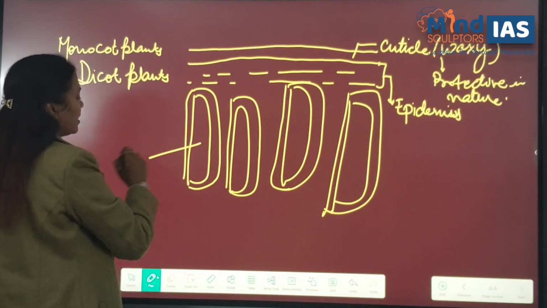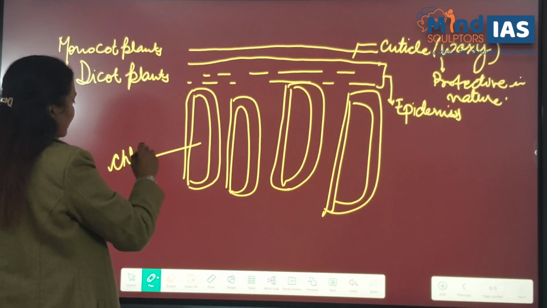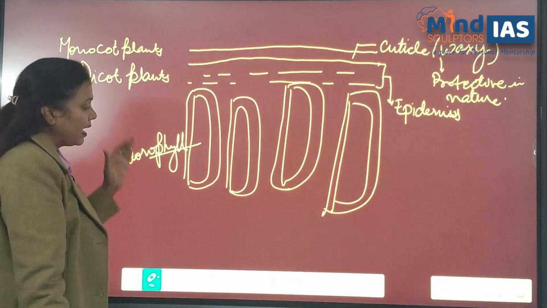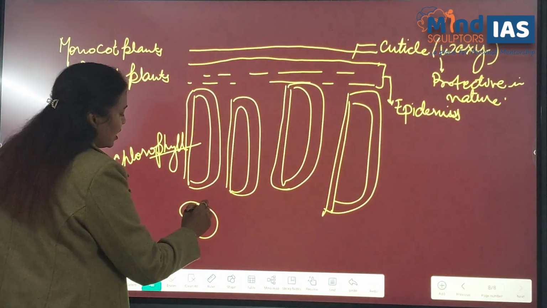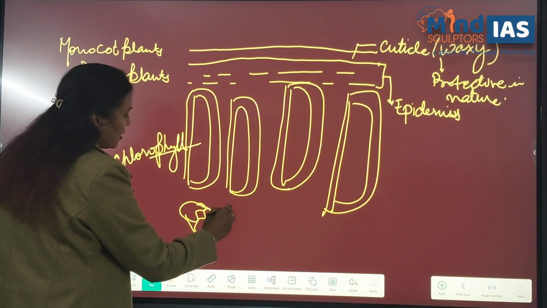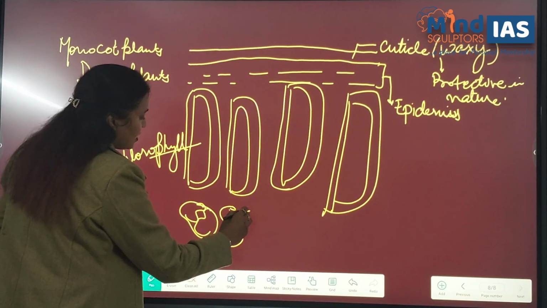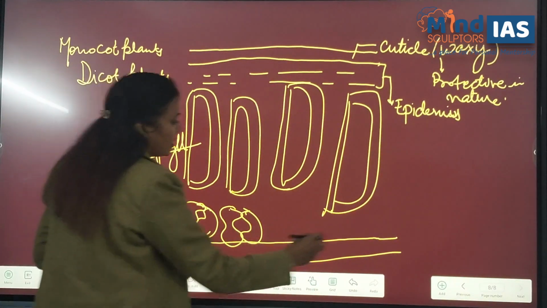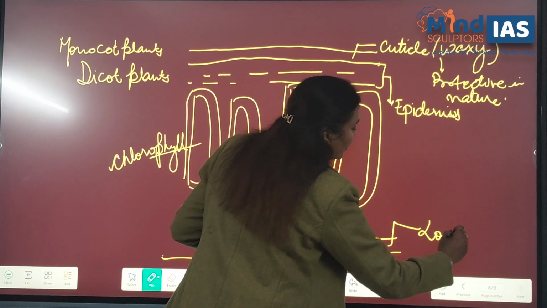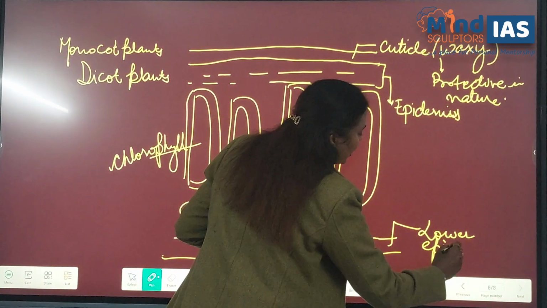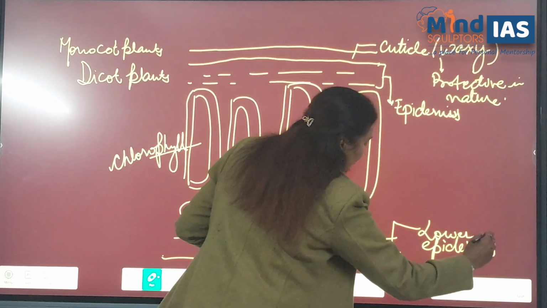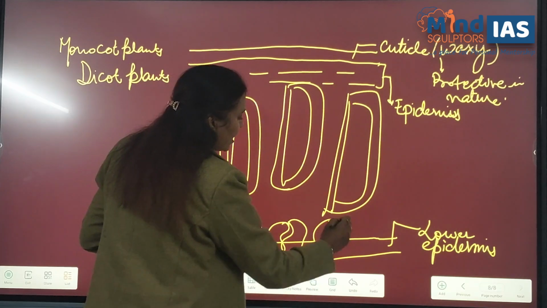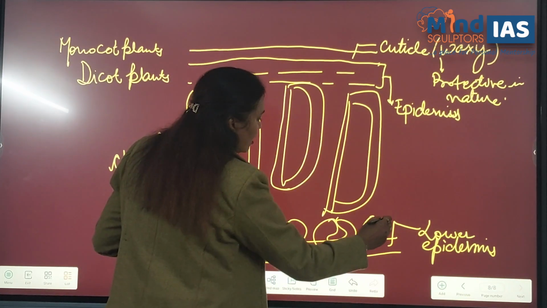These are the cells which contain chlorophyll, and at the lower surface you can say these structures are present on the lower epidermis. This layer is representing the lower epidermis.